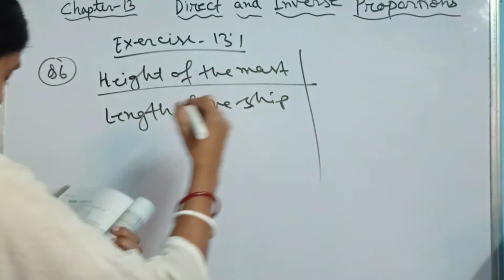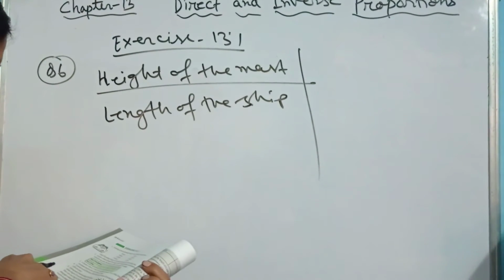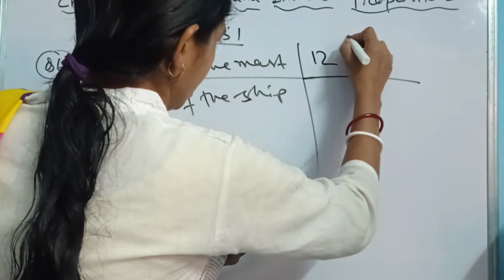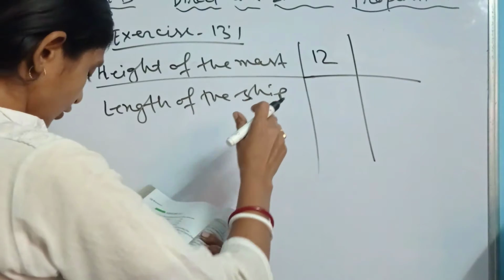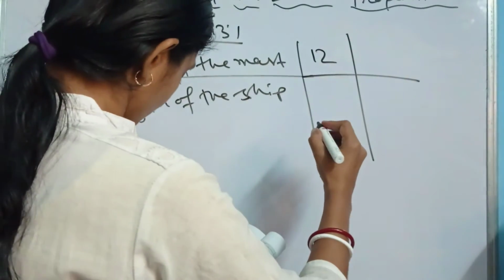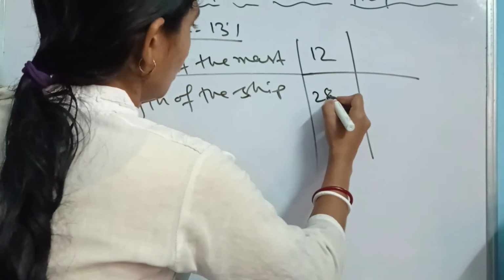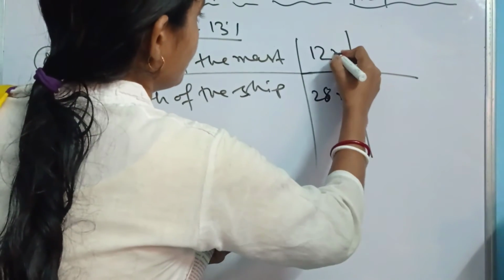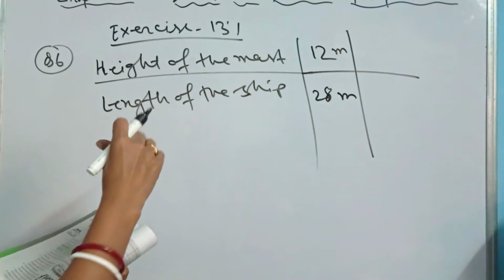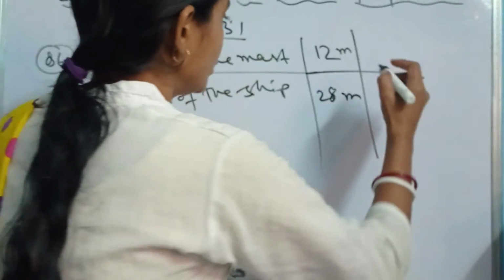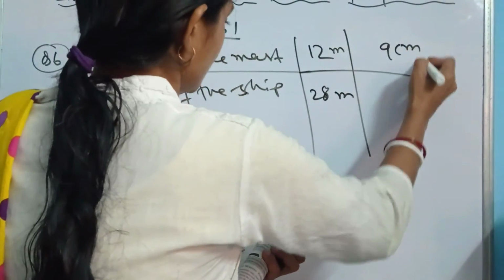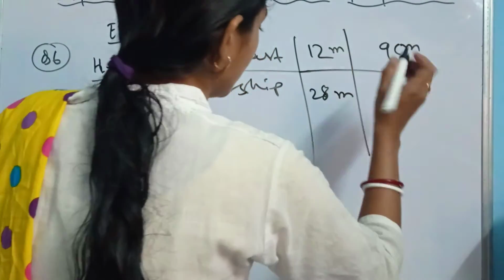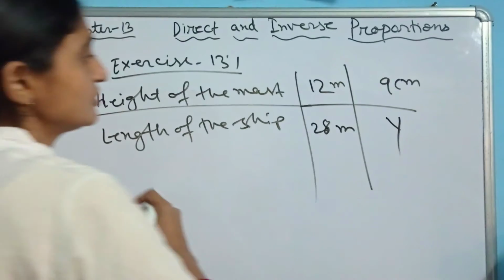For the actual one, the height of the mast has been given as 12 meter, then the length of the ship is 28 meter. Both are in meter. For the model, which is the smaller one, the height of the mast has been given as 9 centimeter, then what will be the length of the ship? Let me consider this one as y.